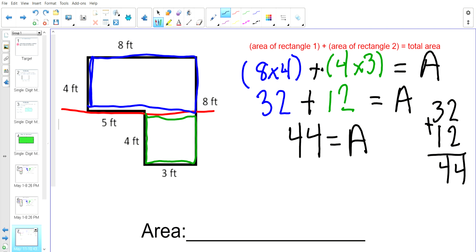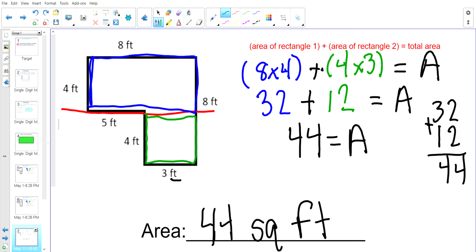The total area of the entire rectilinear figure is 44 square feet. I know it's square feet because area is always measured in square units, and on this rectilinear figure, I can see that the unit is feet.